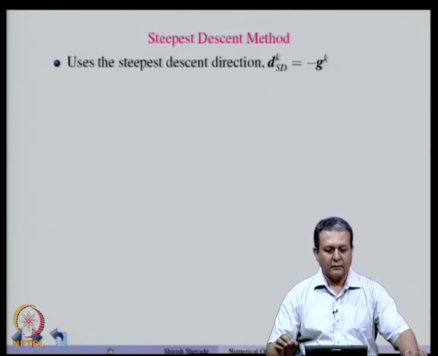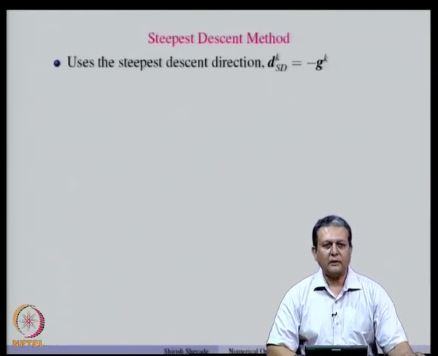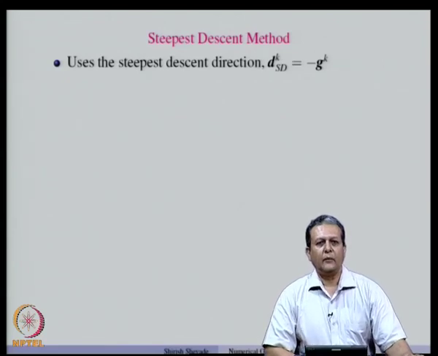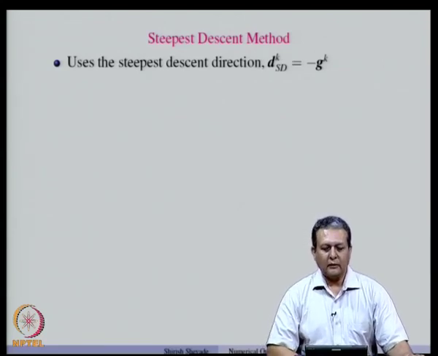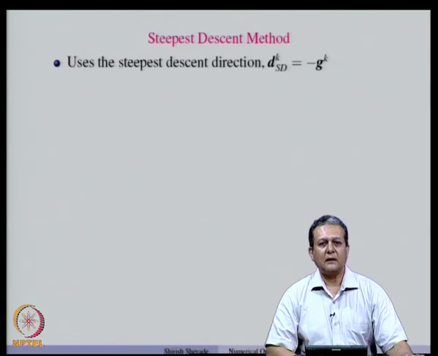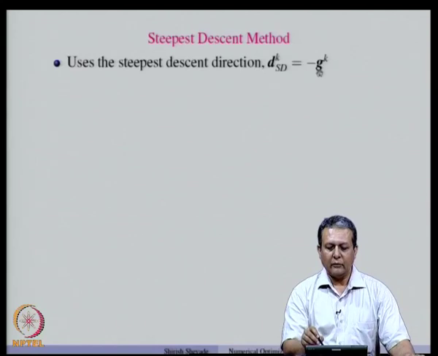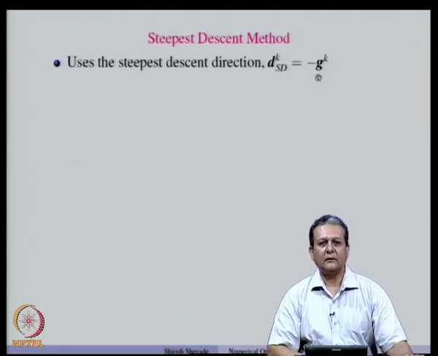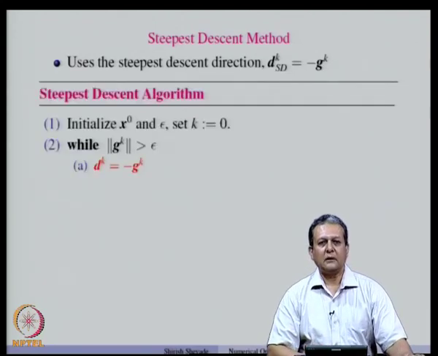So, let us continue our discussion on the steepest descent method. As I mentioned, the steepest descent direction at the kth iteration is nothing but the negative of the gradient at that point.